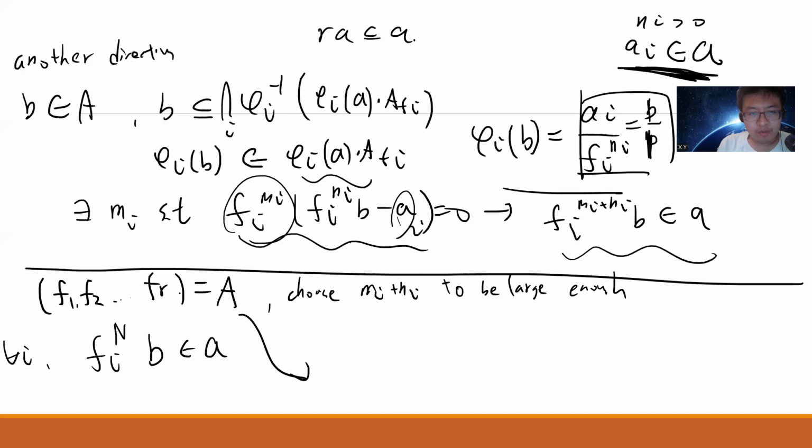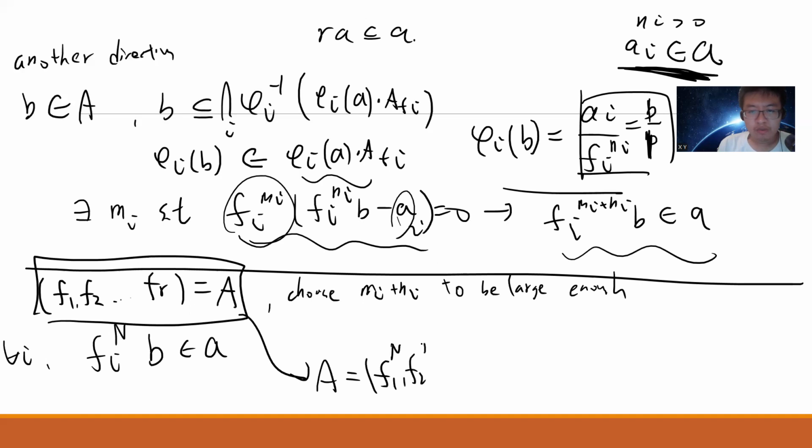And as we proved by the standard technique, if A is generated by these, then A is also generated by f_1^n, f_2^n, up to f_r^n. So there are coefficients h_i, i from 1 to r, such that the sum of h_i f_i^n is 1.